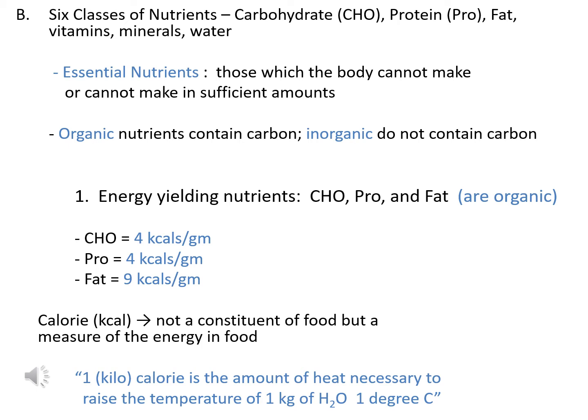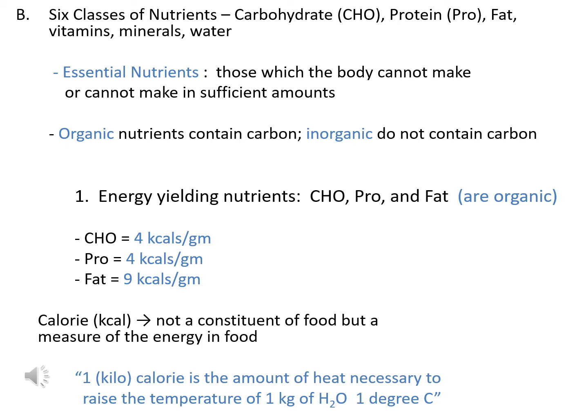Protein also provides us with 4 calories per gram, and fat provides us with a larger amount, actually 9 calories per gram. Now when we hear that term calorie, we're really referring to what's known as a kilocalorie. It is not a part of the food.